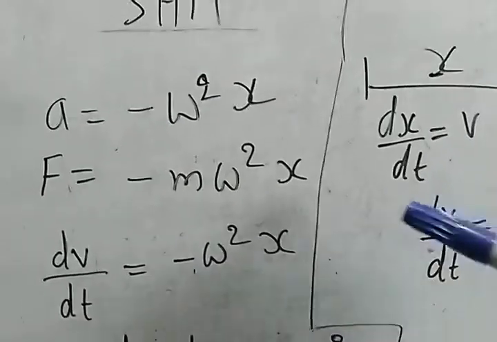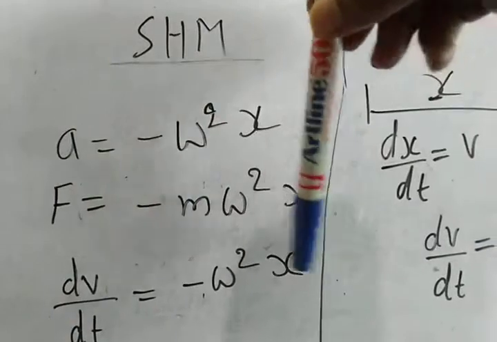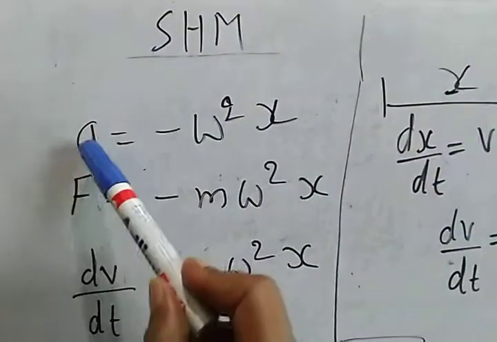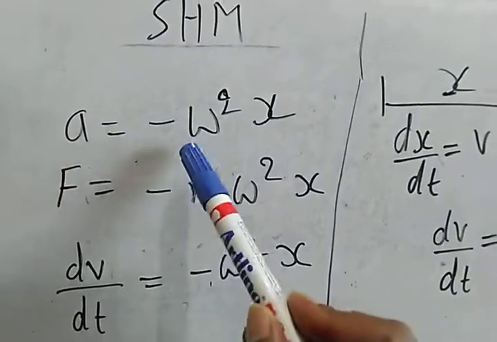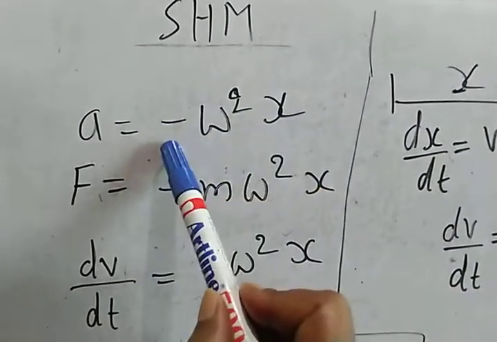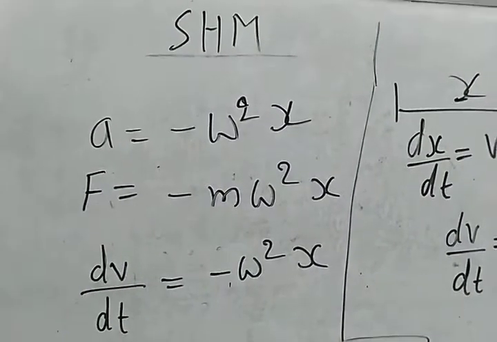Now use this here. In SHM, simple harmonic motion, acceleration is minus omega square x. Minus is just for denoting direction opposite of the force.